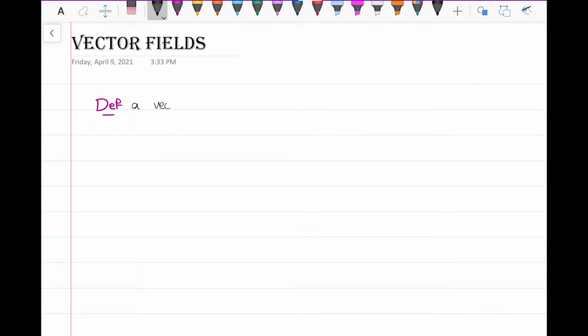A vector field is a function. We usually write the function of the vector field by capital F with an arrow, that assigns to each point in its domain a vector.